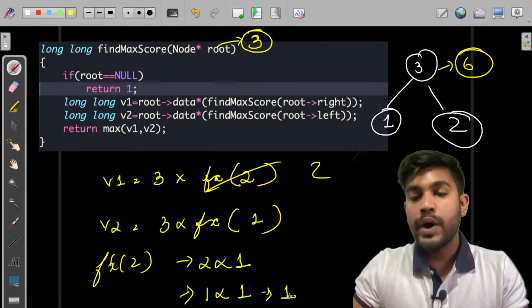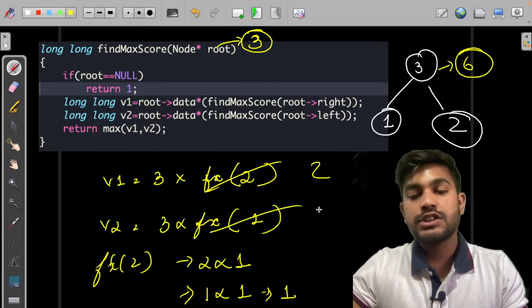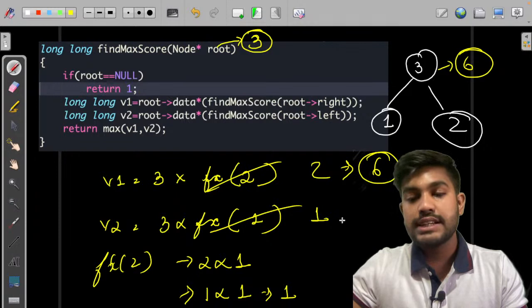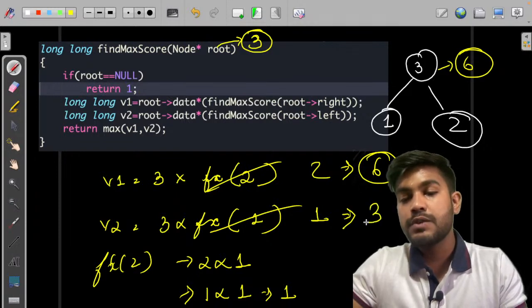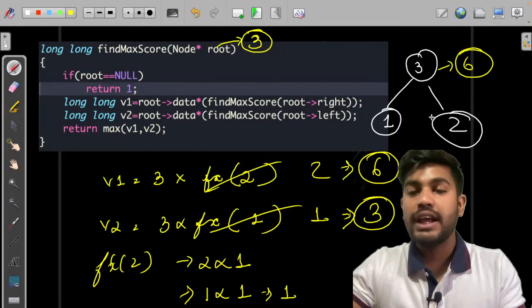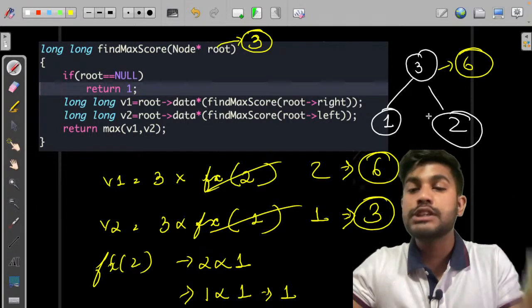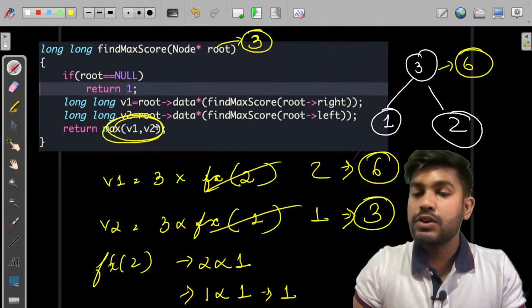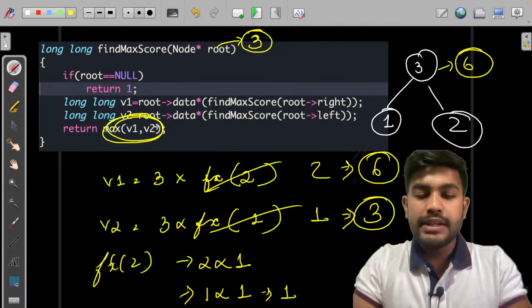So f of 1 would be 1. So 3 multiplied with 2 equals 6, and 3 multiplied with 1 equals 3. We are taking hold of both values, so this is just checking all the possible values. This is how we take the max out of it and return it. I hope this is clear.